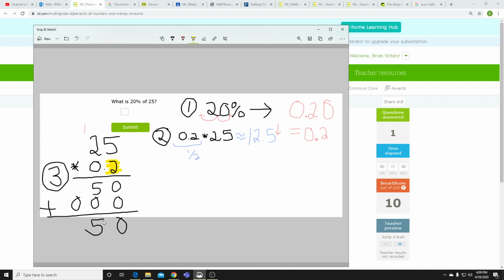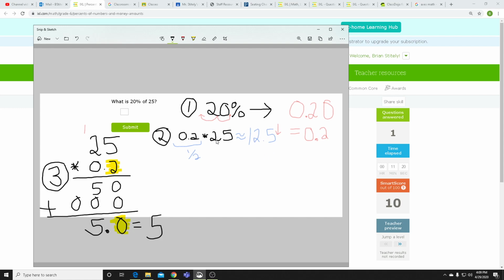So this can't be 50. So what would work, though, is we add in the 1 decimal. There's 1 decimal here. 5.0, or in other words, 5. Well, that seems pretty reasonable.